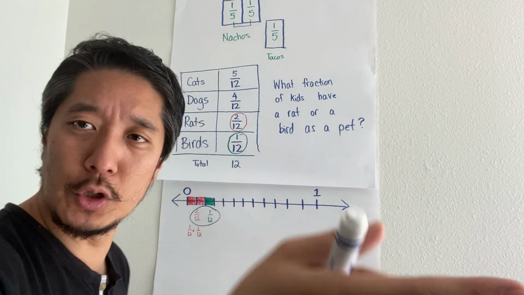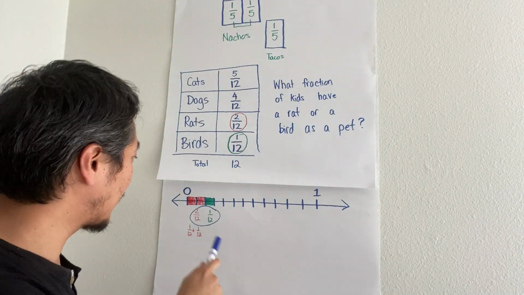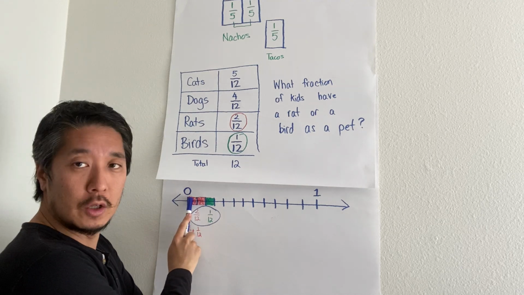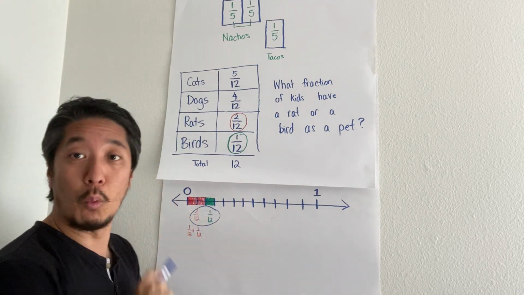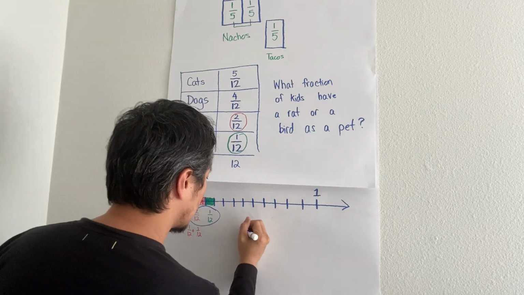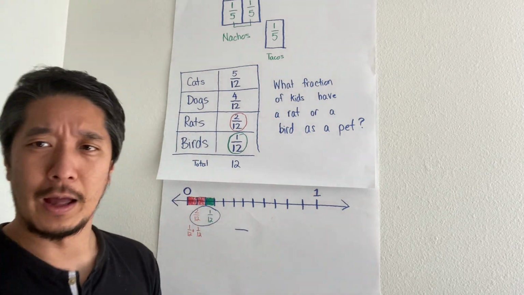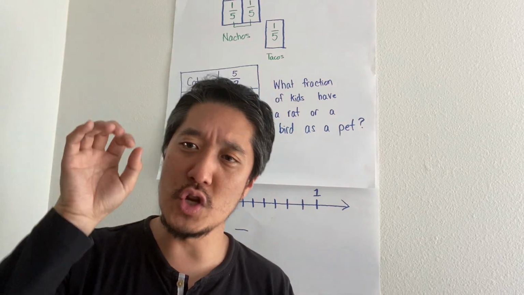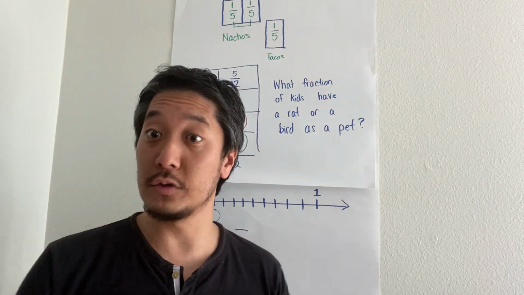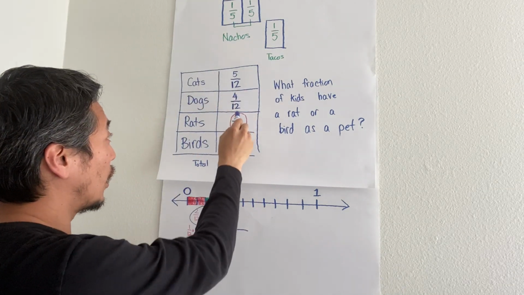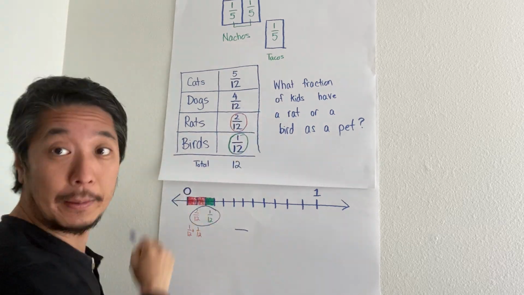All right, I'm assuming you know, so here's what we're going to do. We're going to count these pieces. There's 1, 2, 3. What would my fraction be? In other words, what is my numerator and what is my denominator? I'm going to say this ad nauseum: as long as our denominators are the same, and are our denominators the same?